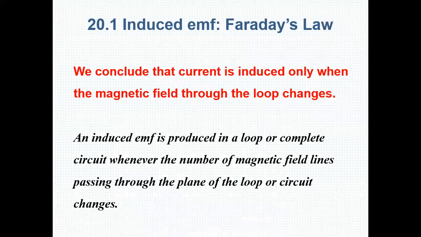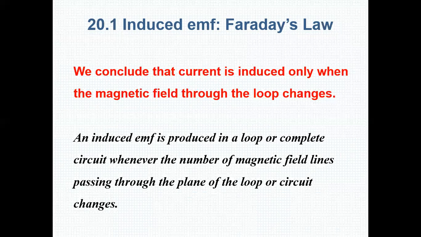So from these discussions, what we conclude is that the current is induced only when the magnetic field through the loop changes. If there is no change in magnetic field lines, then induced current will not be generated in the conducting loop.